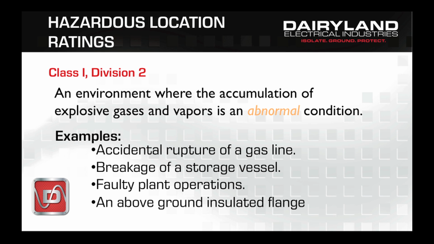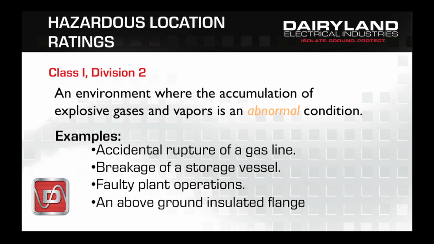A slightly different application is a Class 1, Division 2 hazardous rating. This is a situation where explosive gases and vapors don't normally occur and in fact, it's an abnormal condition. Usually this division rating is associated with a breakdown in a plant operation, such as a rupture of a gas line or possibly the breakage of a storage vessel.